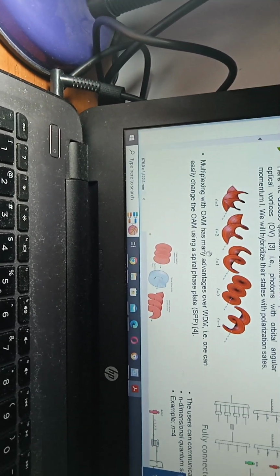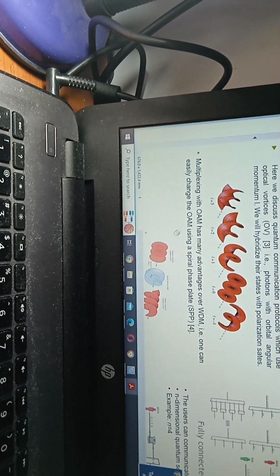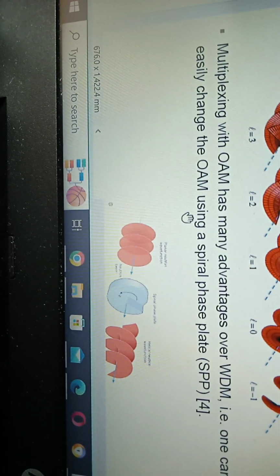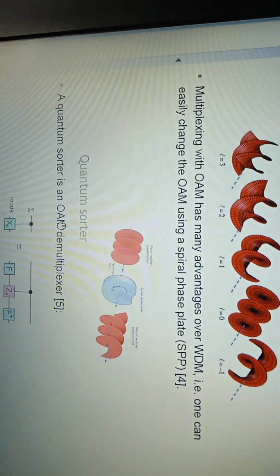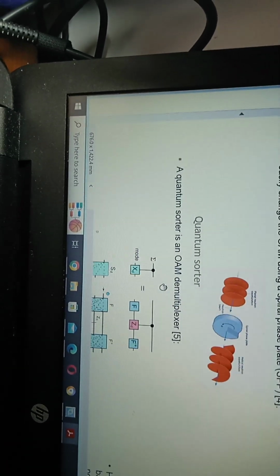The OAM of the photon can be changed by using spiral phase plates, as you can see here.